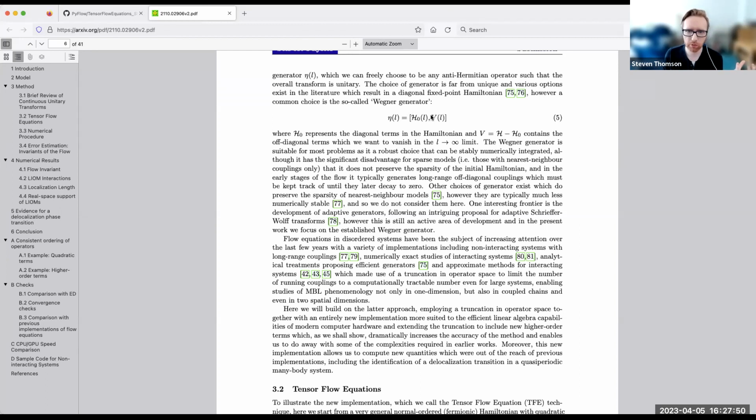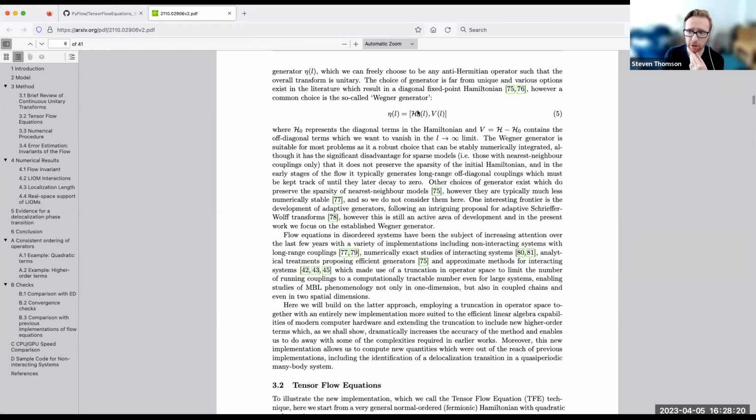For example, you could pick V to be just one off-diagonal coupling and just remove one off-diagonal part. You could decouple, let's say, a system from a bath or something like this, and then you get an off-diagonal Hamiltonian for your system and an off-diagonal Hamiltonian for the bath, but no coupling between them anymore, right? So you can play this game and you can pick the generator and H naught and V freely to suit whatever problem that you're working with.